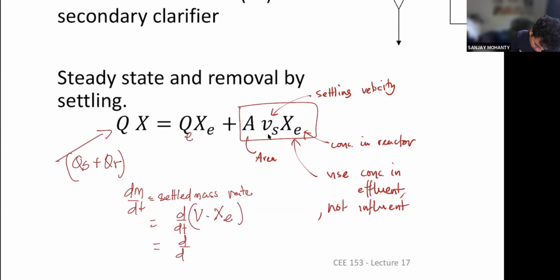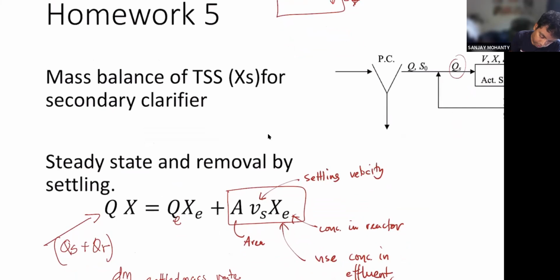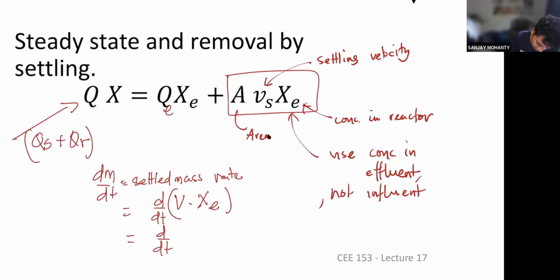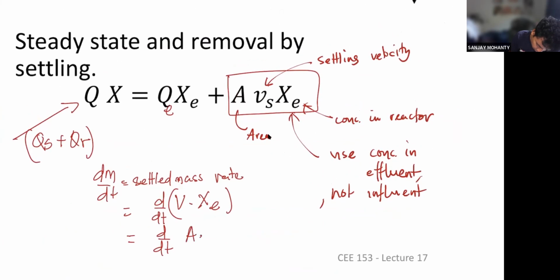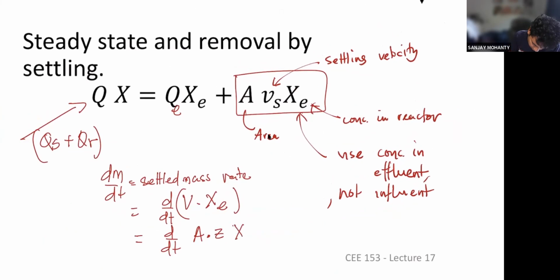And if you see what is settled in the clarifier, if you see this is a clarifier, things are settling, then this is the area of the clarifier, that's the water area. And this is the way it is settling, moving in this direction. So this is the direction, settling velocity in this direction or height. Okay. So volume will be area of clarifier, and the settling velocity in the direction of G times Xe.